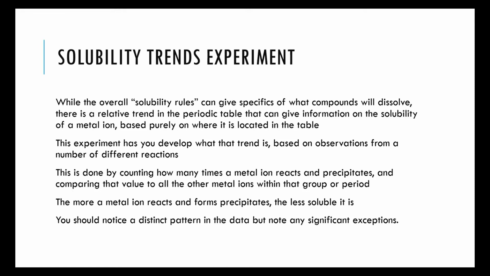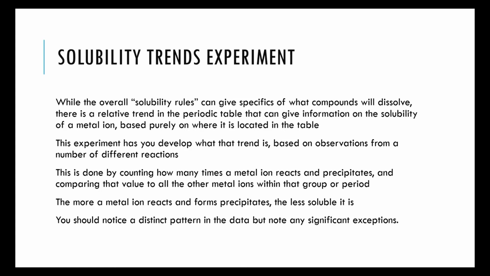What this experiment does is by looking at the trend of solubility and reactivity based on the periodic table, it can define an overall trend of these solubilities of different metal ions.